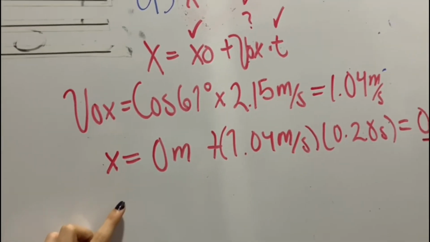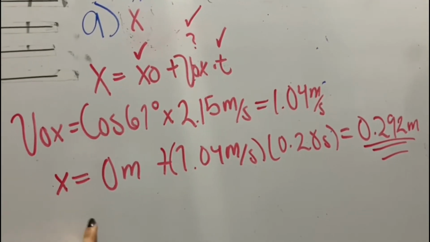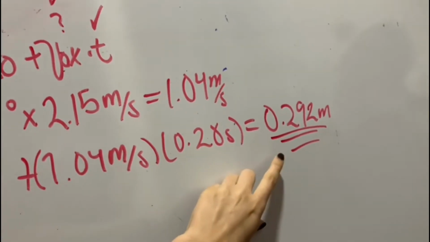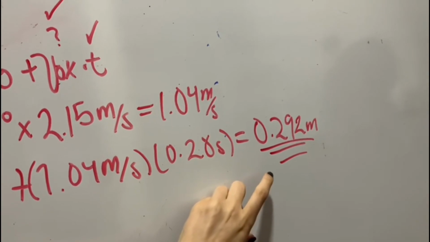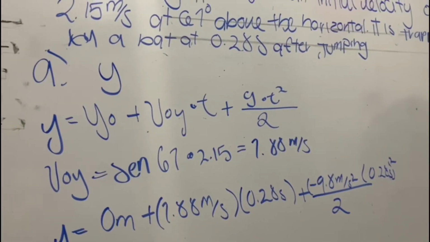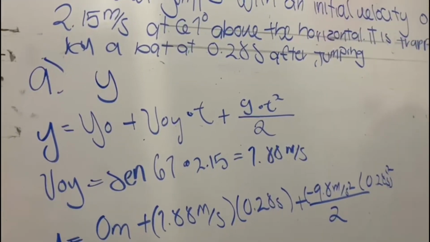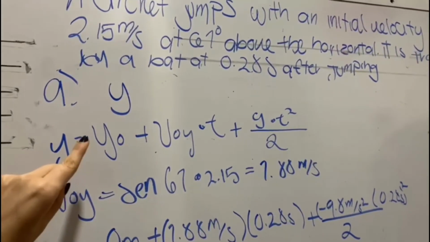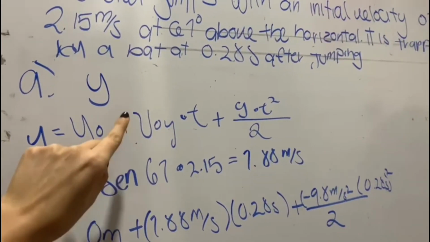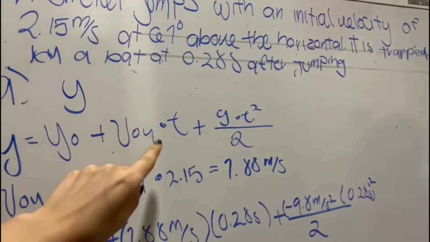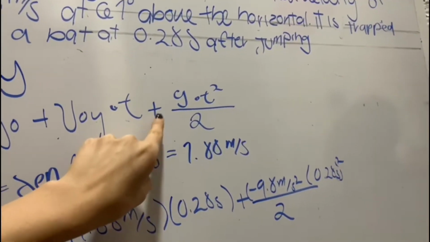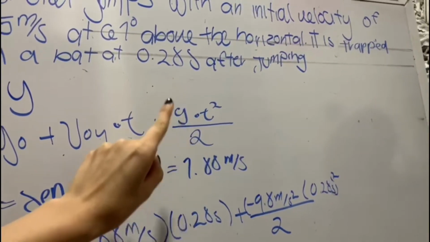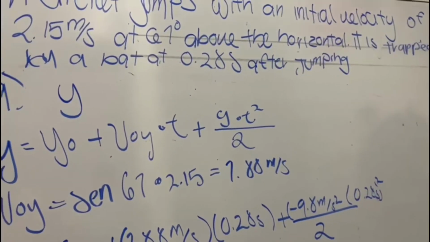Now we can substitute the values, and we get the x position. Now we need the position of y. It is equal to the initial position plus the initial velocity of y multiplied by the time plus gravity multiplied by time squared divided by 2.